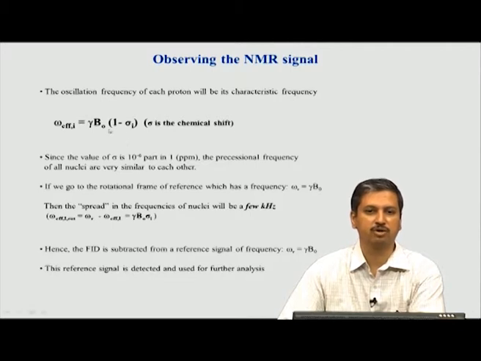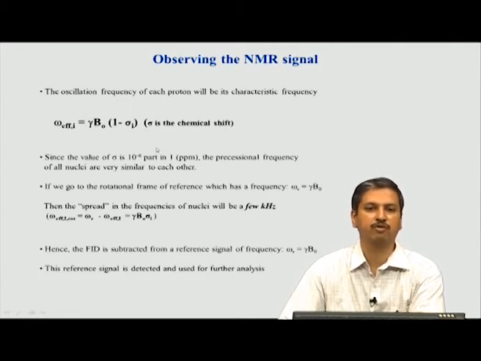So, this is called the rotating frame of reference, where you keep your frequency aligned with one particular frequency region, one peak let us say, and that peak becomes 0 frequency because it is static. But with respect to that frequency, all the other frequencies are now no longer 0, they are either positive or negative. So, this is the concept of chemical shift, offset, and different terminologies which we will use later.